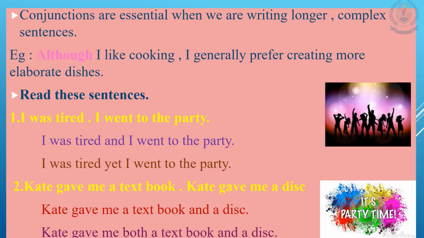Now here, the most suitable answer will be the second answer. Kate gave me both a textbook and a disc. The meaning here is that not only did Kate give textbooks but she also provided the discs. By using the conjunction and alone, the sense is not conveyed completely. So we have to use both and together in this sentence to get the correct meaning.